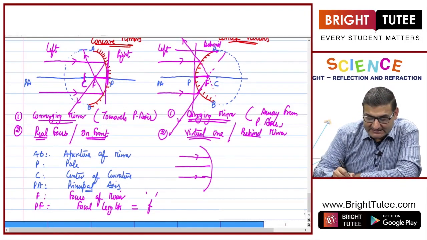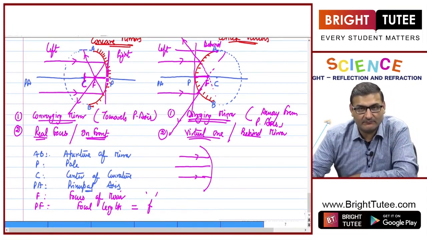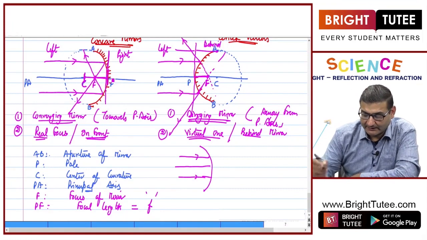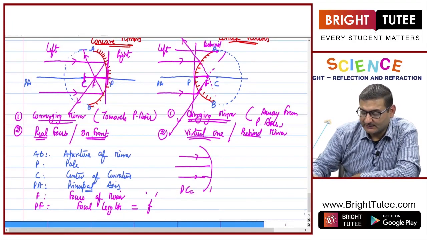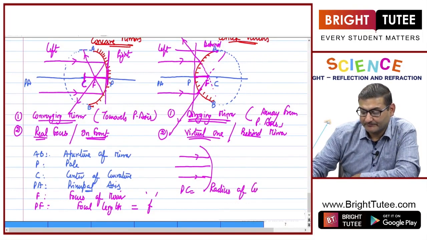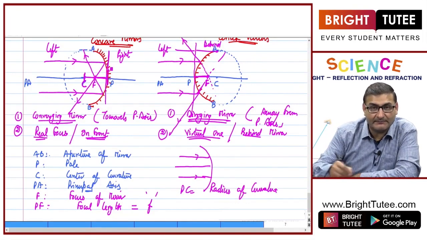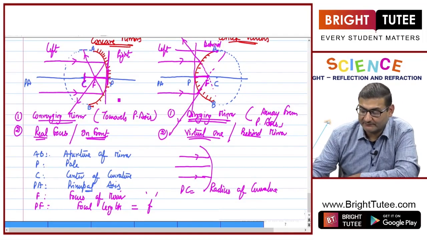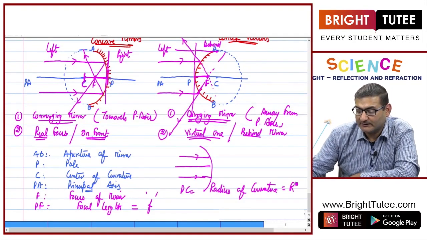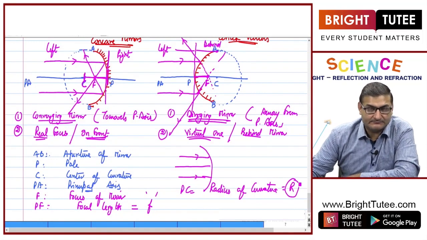So when we see how this particular point C is distant from the pole, this is referred to as the radius of curvature. This is the radius of the imaginary sphere, known as the radius of curvature, and it is denoted by capital R.